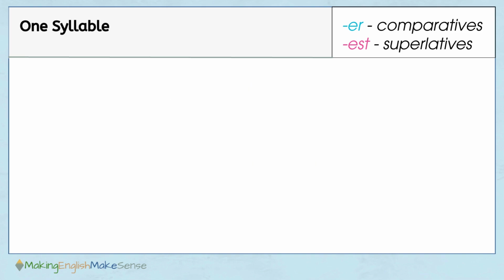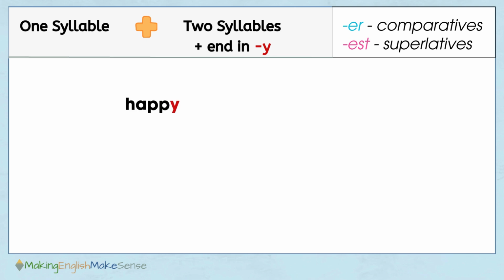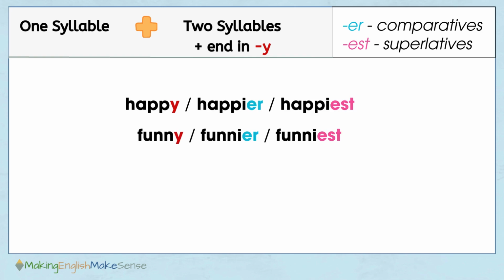We also add -er or -est to two-syllable adjectives that end in the letter y. For example, the adjective happy: happy, happier, happiest; funny, funnier, funniest; silly, sillier, silliest.